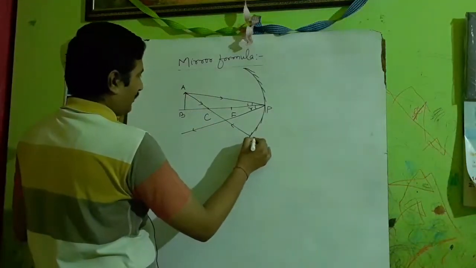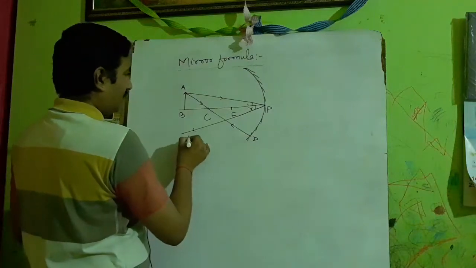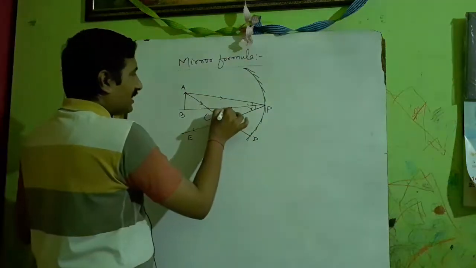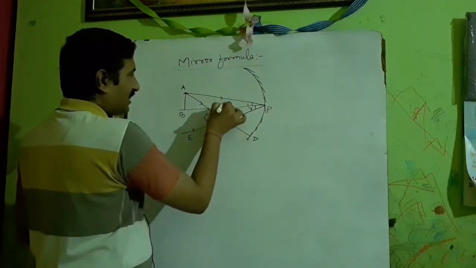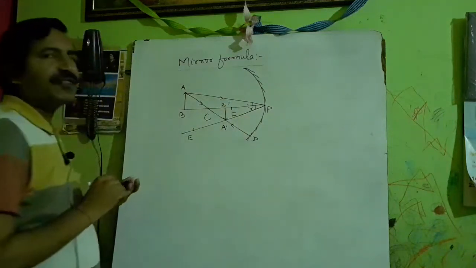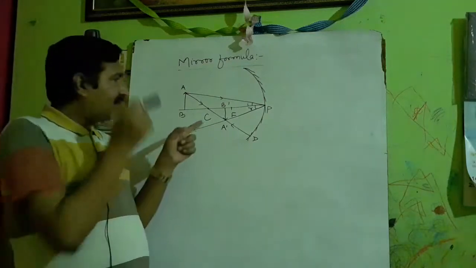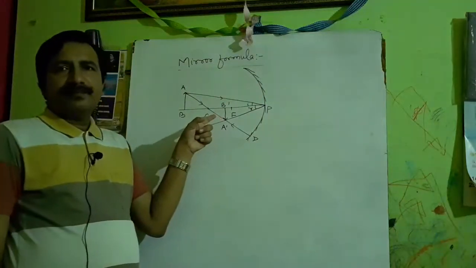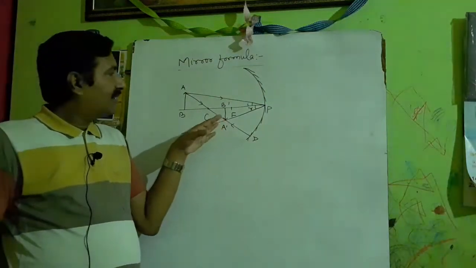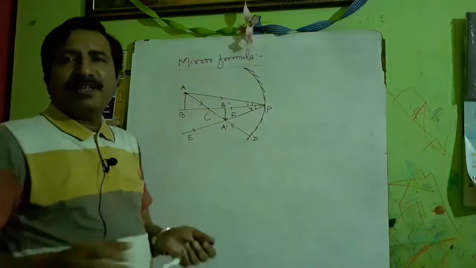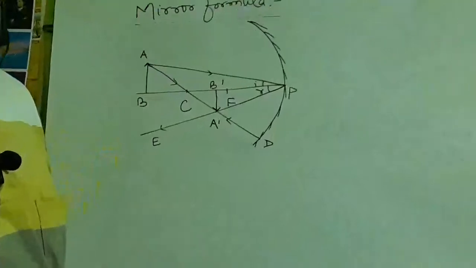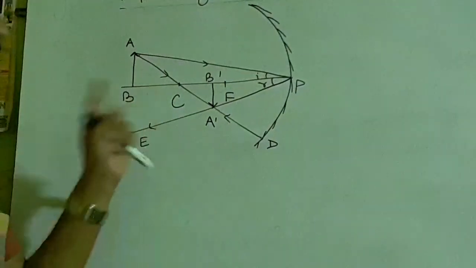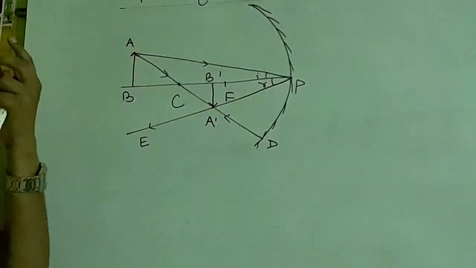This is D, this is E. In this way you will get the image of AB as A dash B dash lying between C and F. This image is real, inverted and diminished.